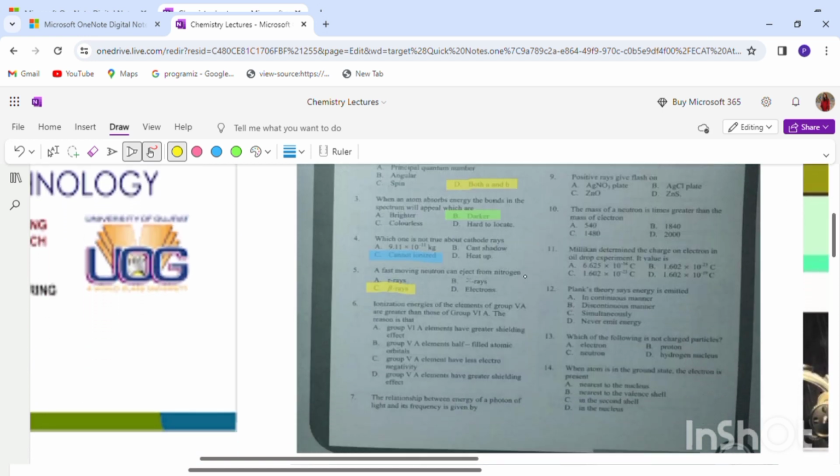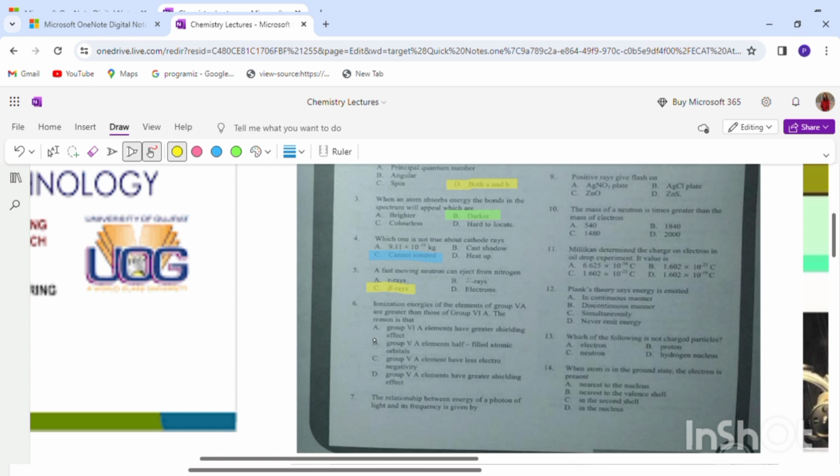So the sixth MCQ: the ionization energies of the elements of group 5A are greater than those of group 6A. We need to identify the reason for it. Let's read the first option: group 6A elements have greater shielding effect. Okay, let's read the B option: group 5A elements have half filled atomic orbitals.